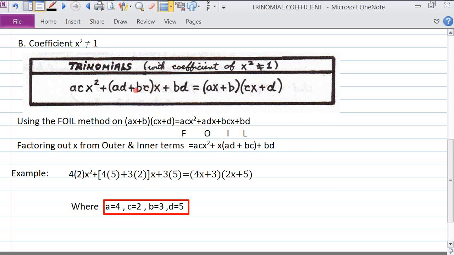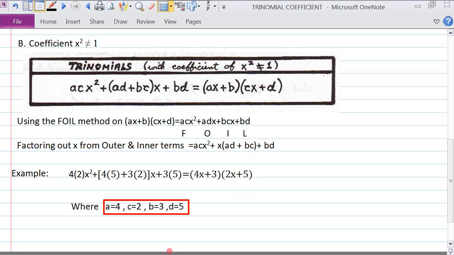We're talking about this term right here, replacing everything here, plus the last term BD, which is 3 times 5, and there's BD here. So this expression here with all the numbers in it is this one right here. And then the simplified expression of this is right here. So A is 4, B is 3, C is 2, and D is 5.